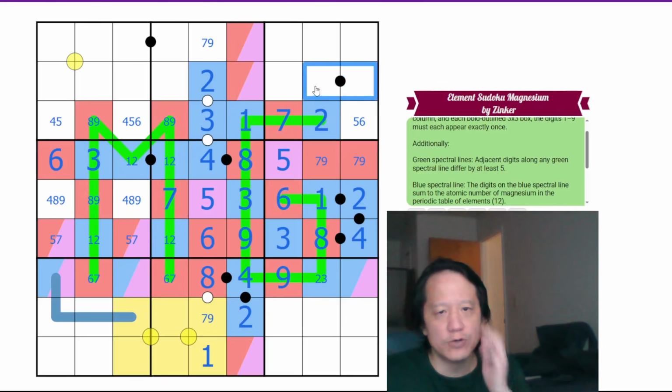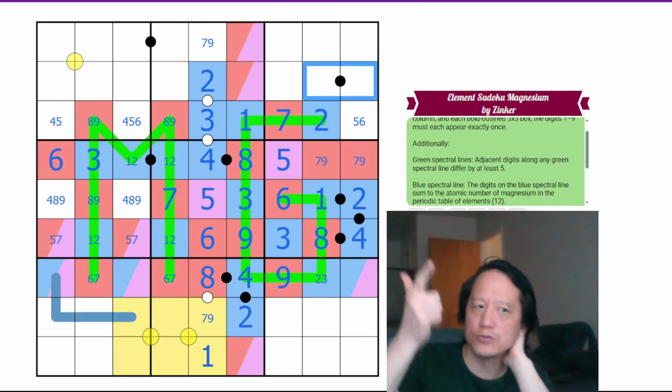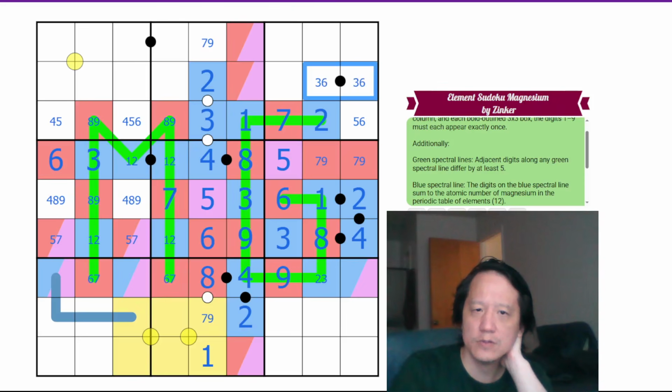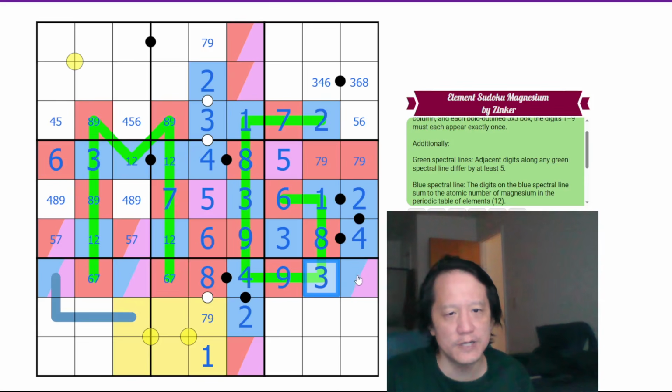These are in a 1-to-2 ratio, and it cannot contain 2. So this is either 3, 6, or 4, 8, because we don't have 1, 2, or 2, 4 available. This can't be 4, which means this can't be 8 there. 2 eliminates 2 here, so that's 3.